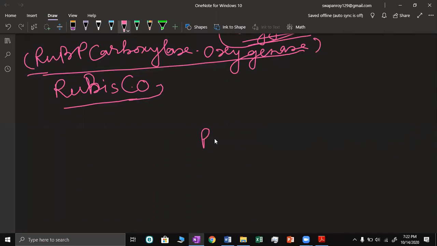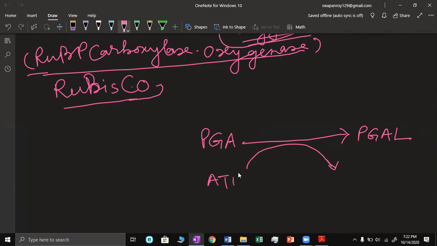PGA is converted to phosphoglyceraldehyde, and during this it consumes ATP and NADPH2, and it forms ADP plus NADP. So this portion is the reduction.